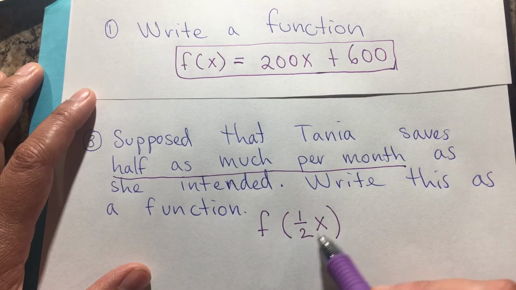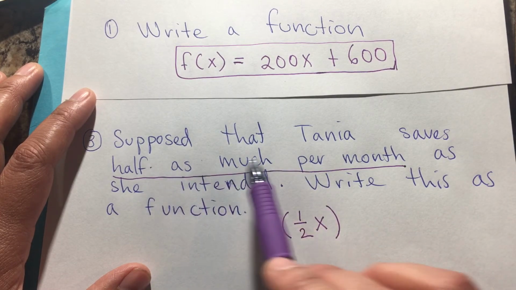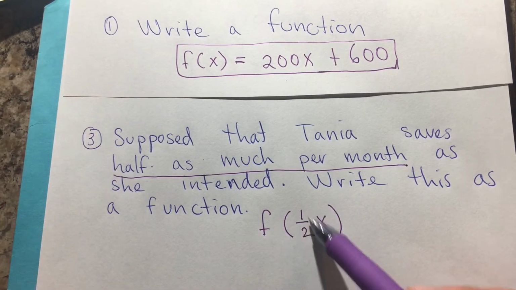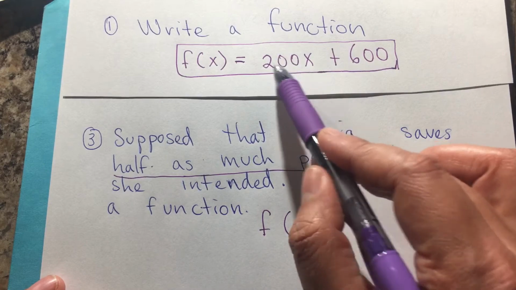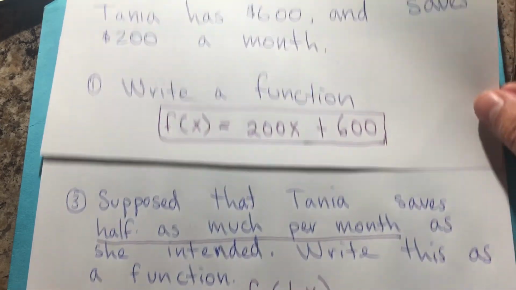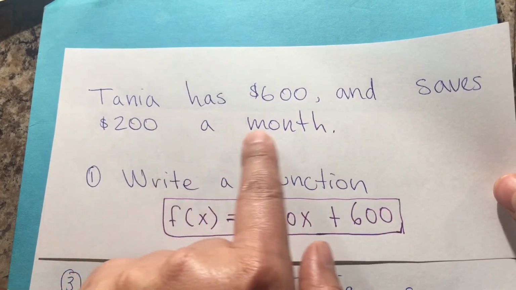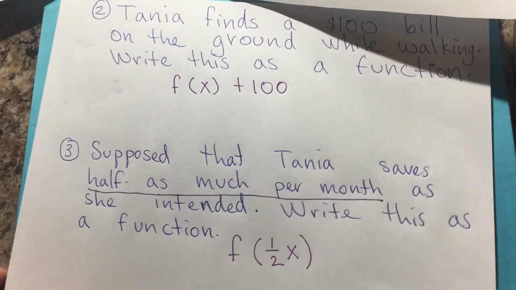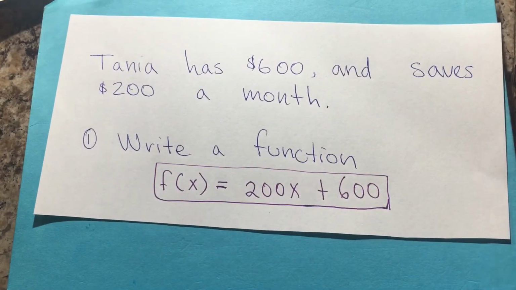Why? Because it's half as much per month. It affects how much she saves per month, which from the original $200 a month is now going to be half per month. I'm going to keep this one in here.